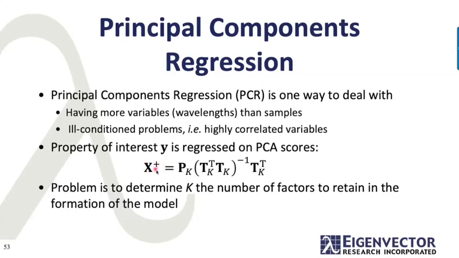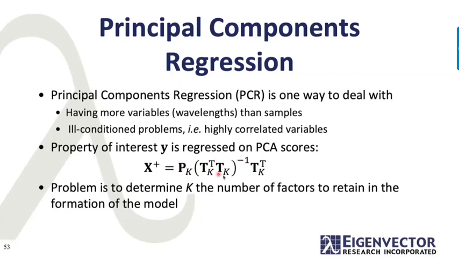So now here our pseudo inverse is this, but let's look at it for a sec. T transpose T inverse T transpose, well, that's the part that we just before had all of X there instead of the scores. And then here's our loadings matrix right there. And what do loadings matrices do? Well, they take you back and forth between the world of original variables and the world of scores.